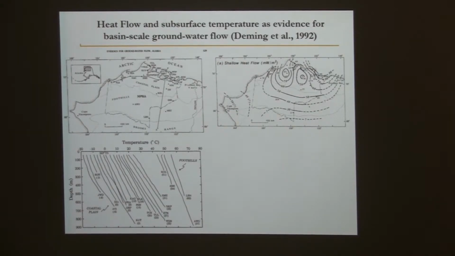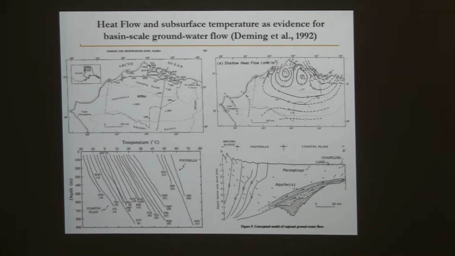The heat flux is just the product of the conductivity times the vertical thermal gradient, and they were able to show that there was an anomaly of shallow heat flux, which they explained by large-scale groundwater flow, flowing from the Brooks Range to the coastline through maybe some aquifer. This is one example at large scale.